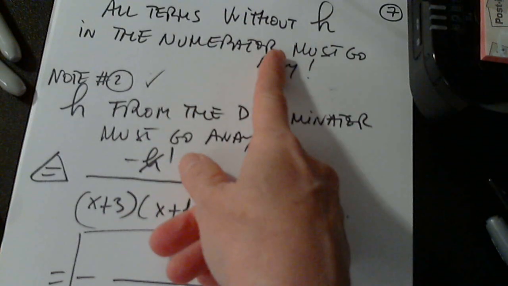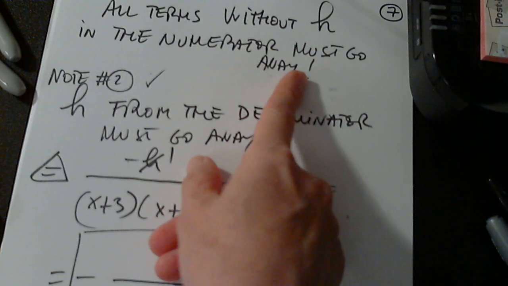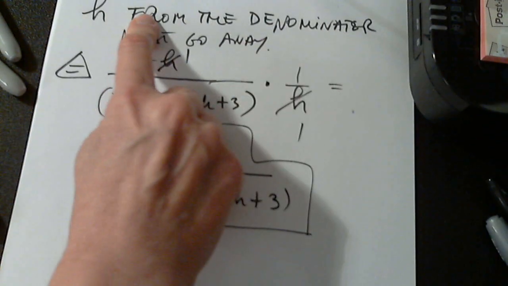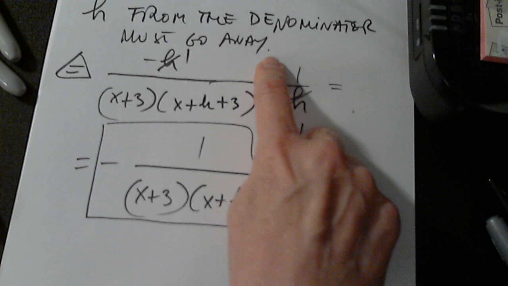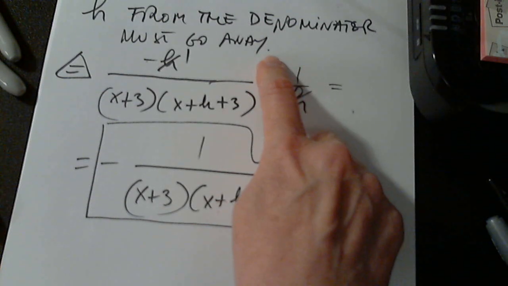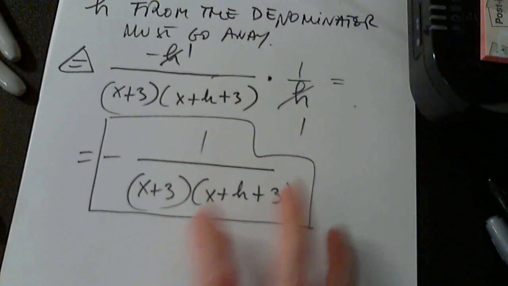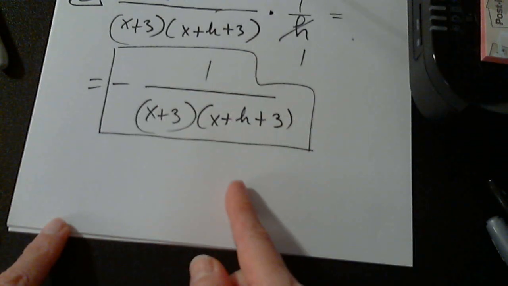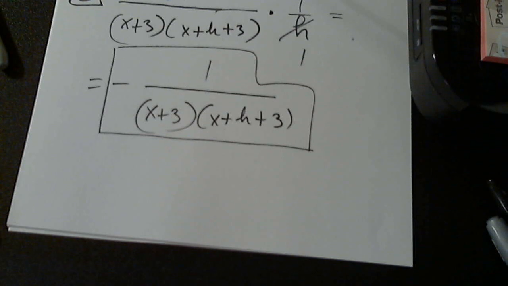All terms without h in the numerator must go away no matter what function you're looking at. Also, note number 2, h in the denominator must go away no matter what function you're looking at. The final simplified form is this. It's an expression, it's a function, eventually will give us a specific function that gives us the slope, yada yada.